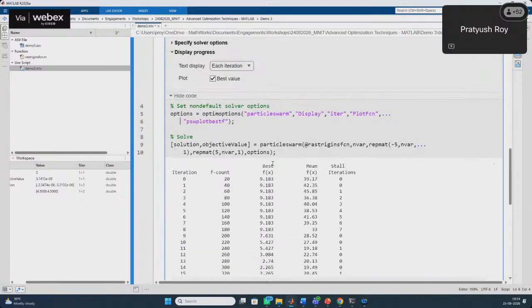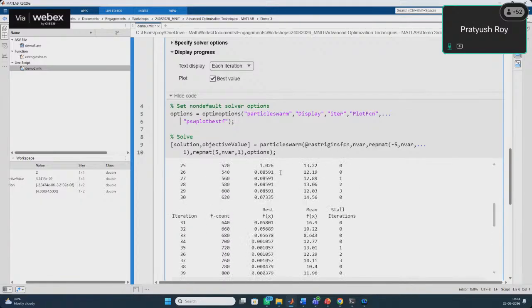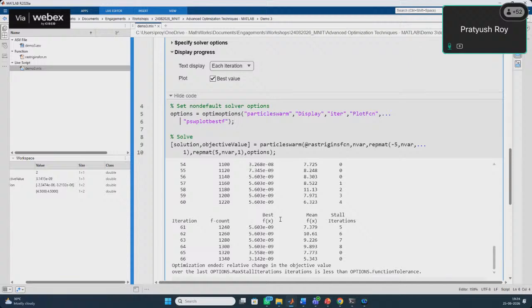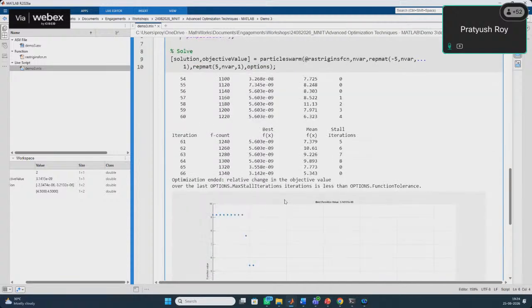Now, it's a good practice to look at the best value of the function, because that will typically go down and help you in the optimization. And if you notice, the optimization ended because the relative change in the objective value is less than the function tolerance.